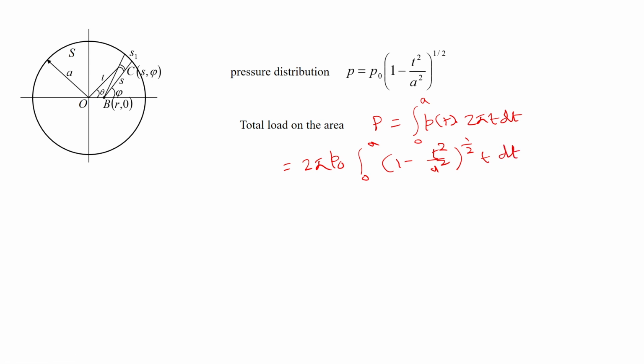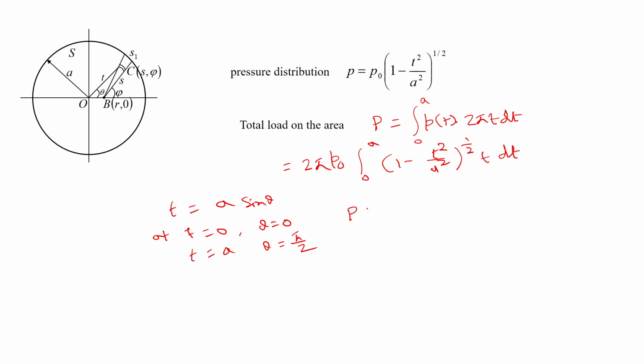So, I can write t is equal to a sin theta. So, at t equal to 0, theta is equal to 0, and at t equal to a, sin theta is equal to 1. So, theta is equal to pi by 2, that should be the limit. So, within that limit we can integrate.